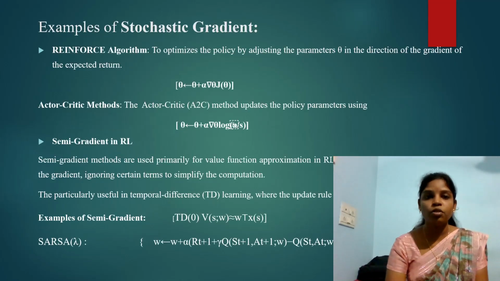Examples of stochastic gradient: the REINFORCE algorithm optimizes the policy by adjusting the parameter theta in the direction of the gradient of expected return.